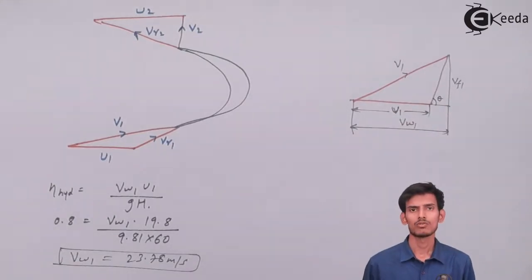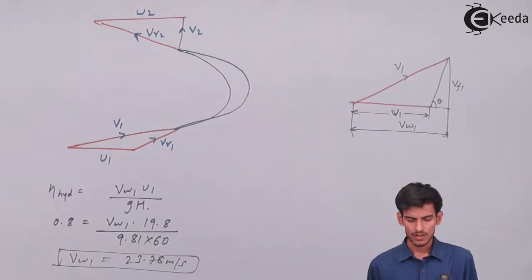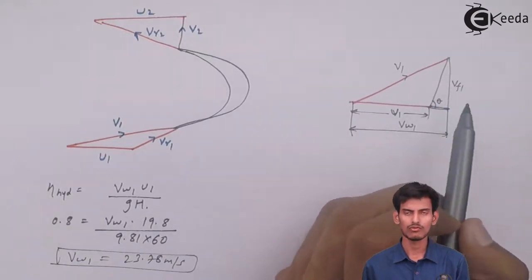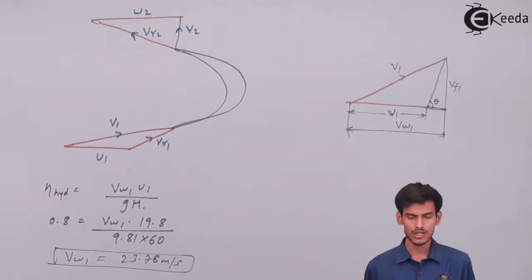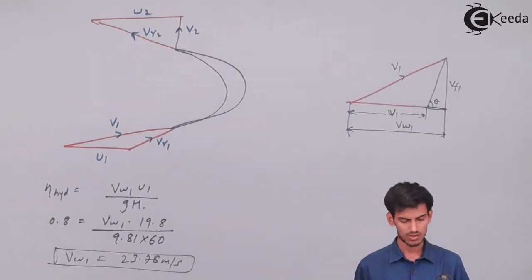In this smaller triangle, you can get the value of theta easily because we know the value of VF1. Opposite upon adjacent is known, so use tan theta and get the value of theta.